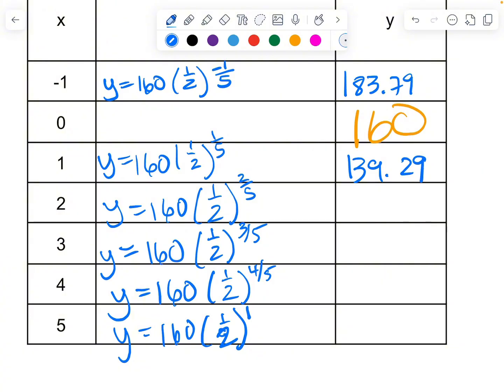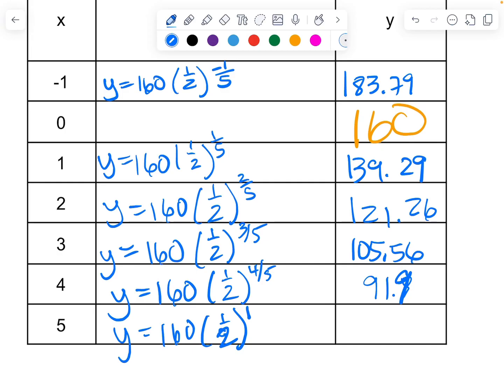So that's going to get me 139.29. And then 0.4, that's 121.26. And 0.6, 105.56. And then 0.8, 91.89. Nope, that would be 0.9.